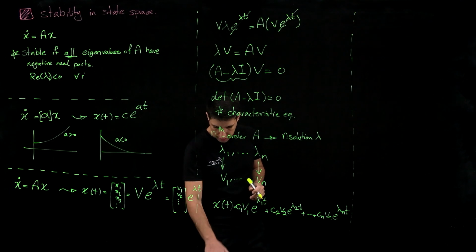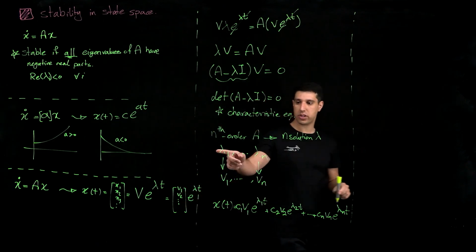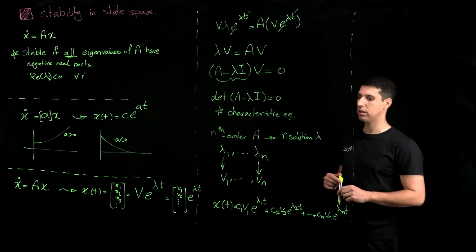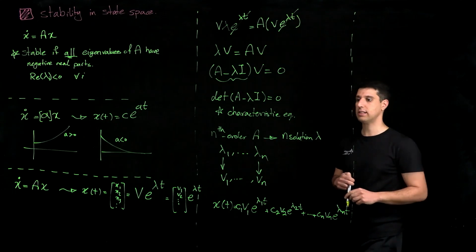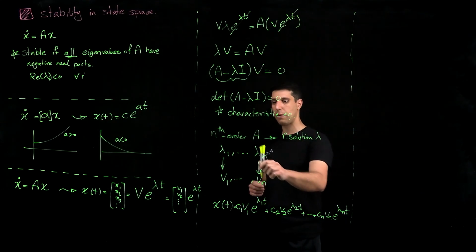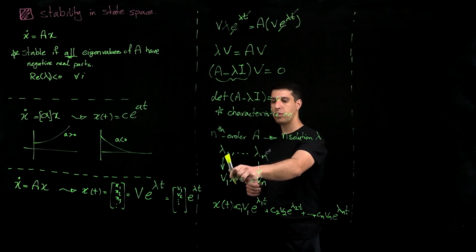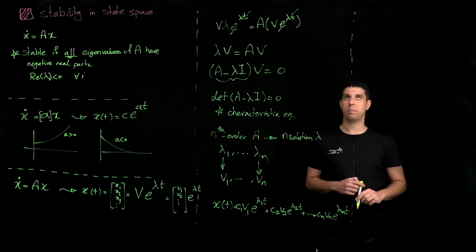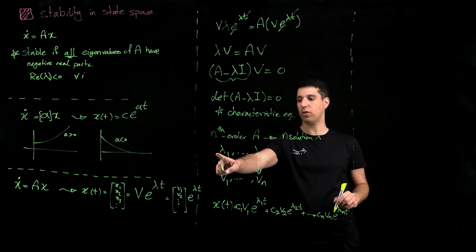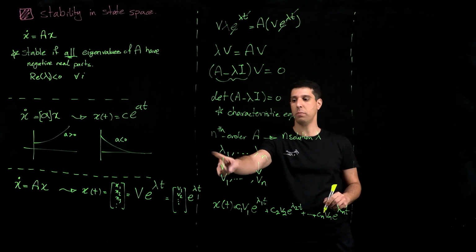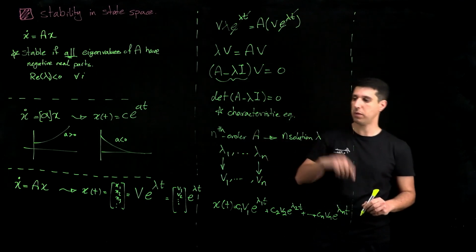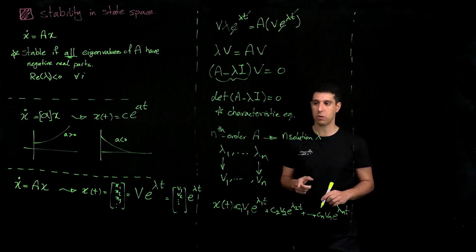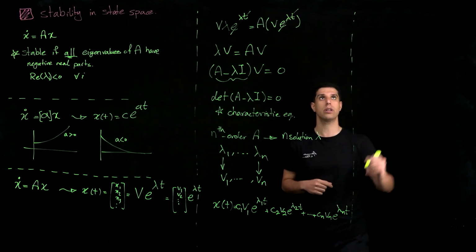No, good. So, as I mentioned, some of these lambdas could be repeated, and some of them, maybe more importantly, come in complex conjugate pairs. So if one of your lambdas is a complex number, another one, maybe lambda 2, is also a complex number, but the complex conjugate of that.